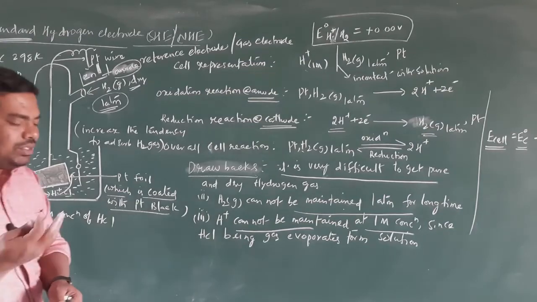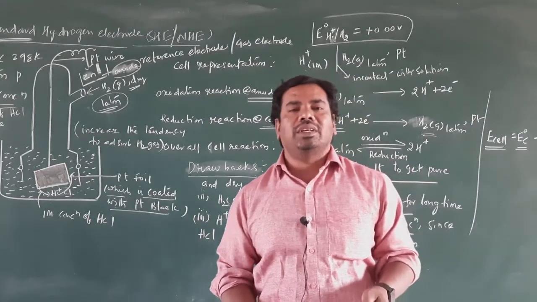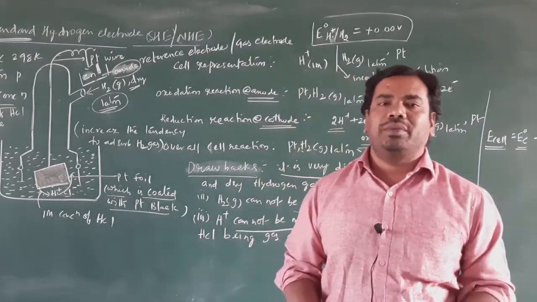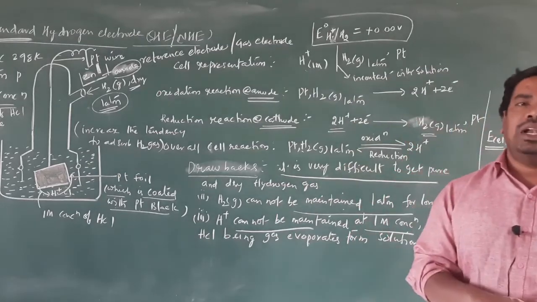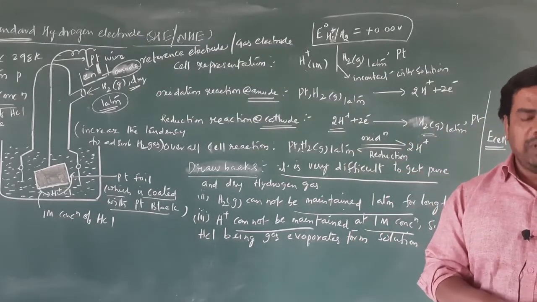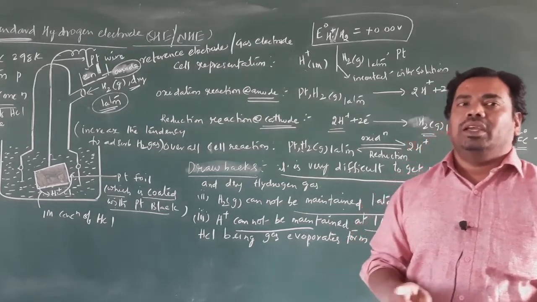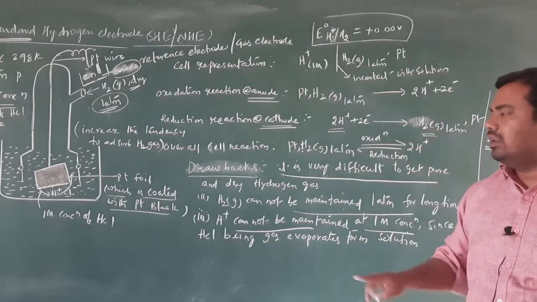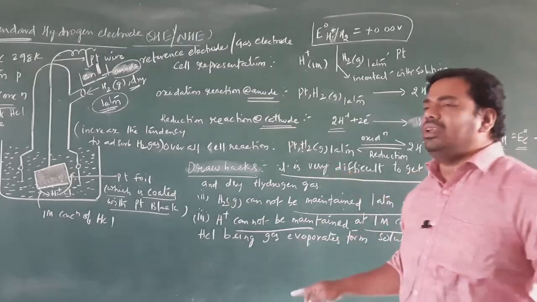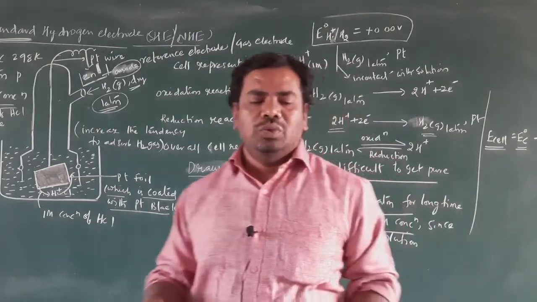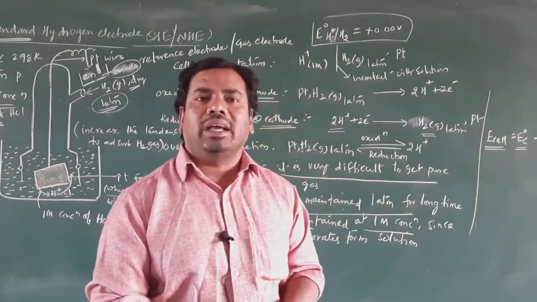So the potential difference is not constant, it varies with the concentration. If the atmospheric conditions change, or the concentration of HCl varies, the electrode potential varies. These are the three drawbacks of using the hydrogen electrode as a reference electrode.